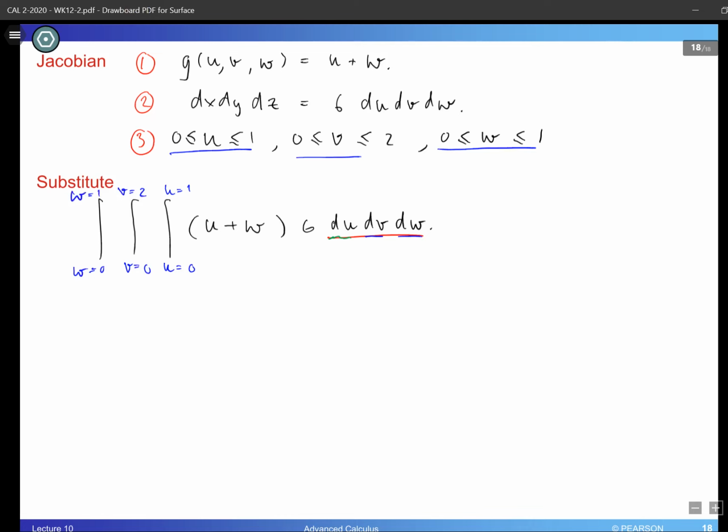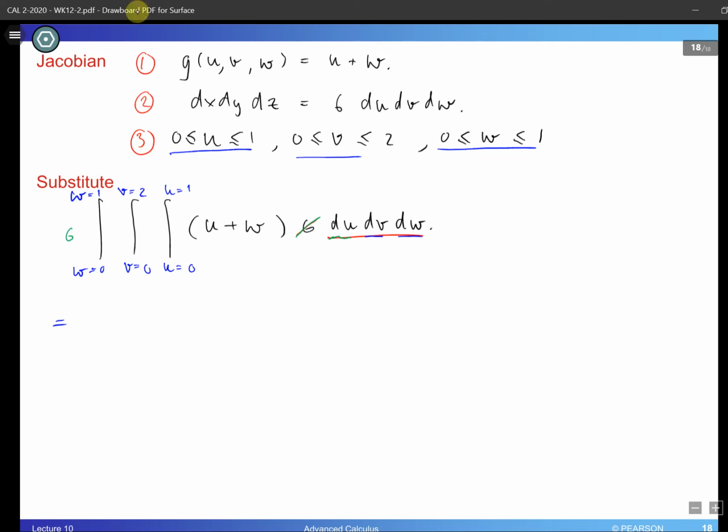You can pick different orders if you want to. Let's proceed with this triple integral. First of all, I'm going to take the 6 outside of the integral. Let's work on this.